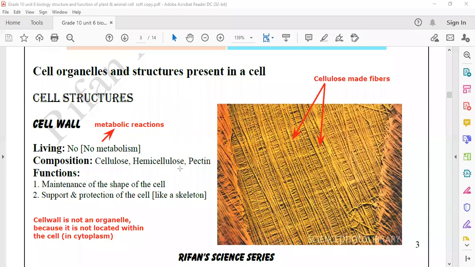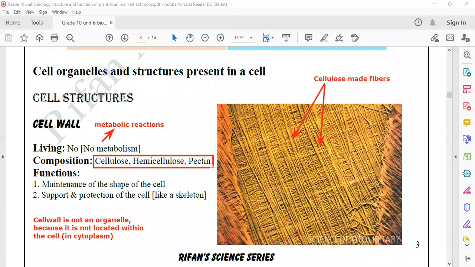Hemicellulose does the pasting, pectin makes the pasting. So we say all together three materials make the cell wall: cellulose, hemicellulose, and pectin. Cellulose makes fibers, while hemicellulose and pectin do the pasting work.